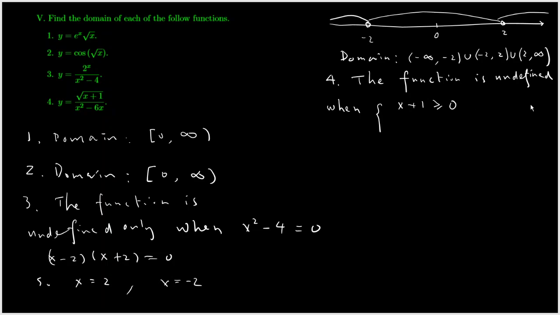So the function is defined when the stuff under the radical is not negative, and x squared minus 6x is not equal to 0.